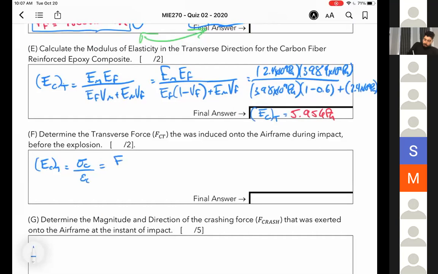Further, the force of the composite in the transverse direction is divided by the area of the composite times the strain in the transverse direction. Substituting or rearranging, FCT is equal to ECT times A times strain T.